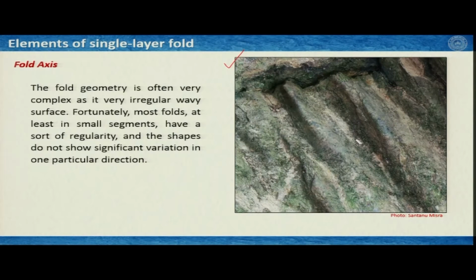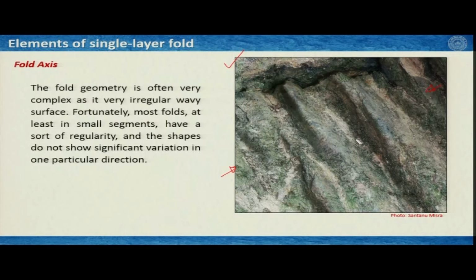Now, what we see here is the folded surface itself. With the shadows you can figure out that this layer, which was horizontal at one point of time, had a compression from these two sides, and then got wrinkled or folded.